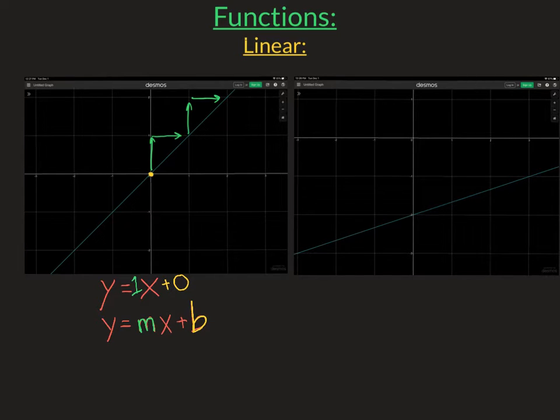So that's the most simple function you can have for the linear family. It's just called a parent function. From here on out, all the other types of linear functions, you're just changing the slope, that value of 1, or you're changing that intercept, which starts as 0.